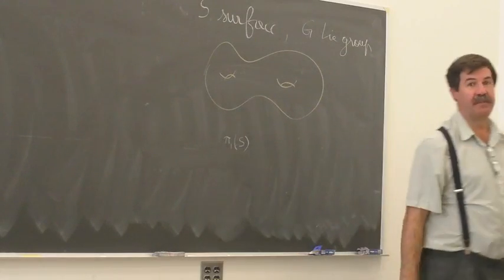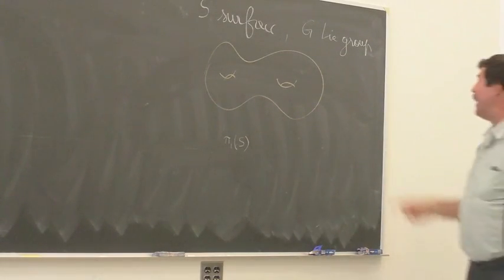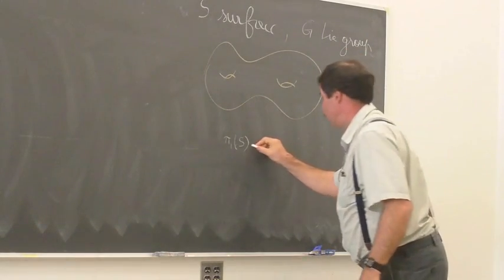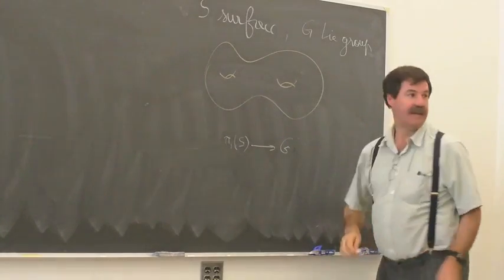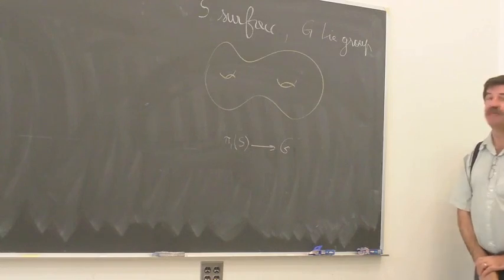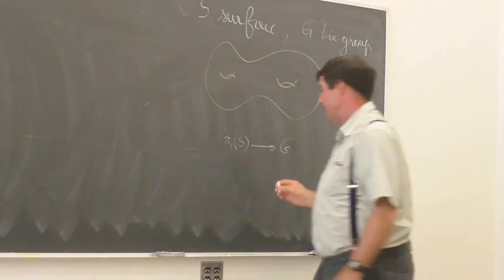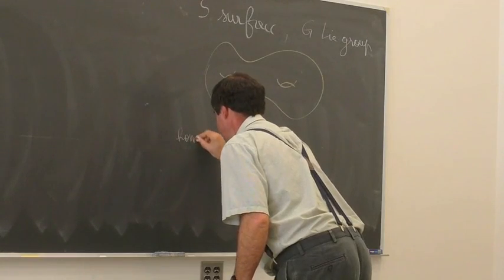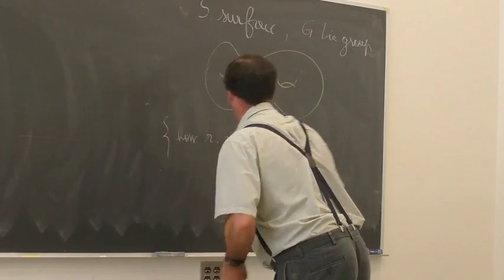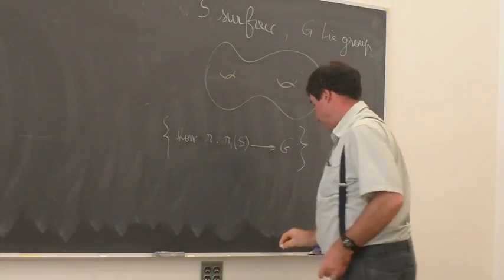So the fundamental group is a group, and I have another group here, so you can look at the homomorphisms from the fundamental group to the Lie group. And so you look at the group homomorphisms, and you can consider all possible homomorphisms like this.